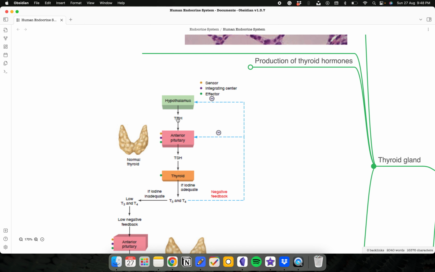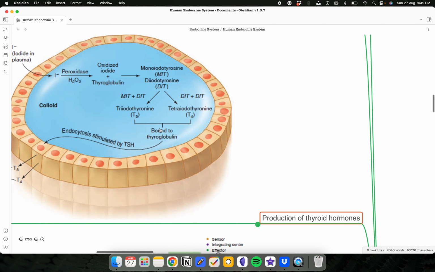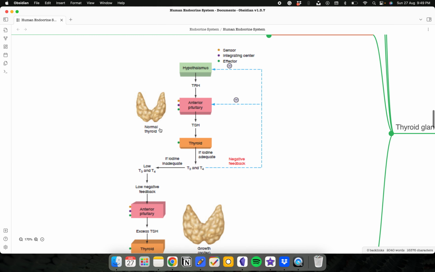From the hypothalamus, thyroid releasing hormone, TRH, will be produced. This TRH will act on the anterior pituitary so that thyroid stimulating hormone is produced, and TSH will act on the thyroid. If an adequate amount of iodine is present, then T3 and T4 will be produced. How? I have already discussed these reactions; both T3 and T4 will be produced if iodine is present in an adequate amount.